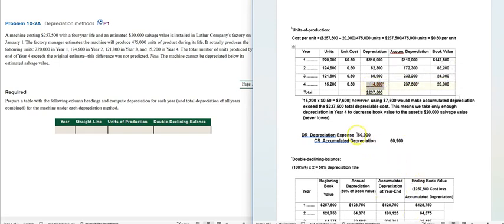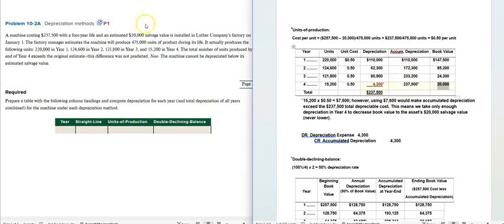So that fourth year, I'm only going to record $4,300 worth of depreciation expense. Doing so will cause my accumulated depreciation account to increase to $237.5, causing my book value, cost minus accumulated depreciation, to fall to $20,000.